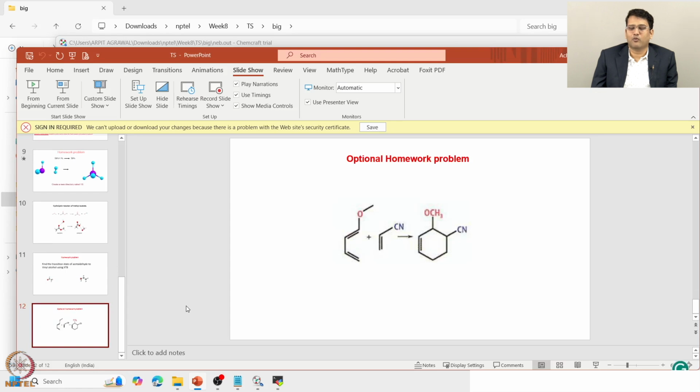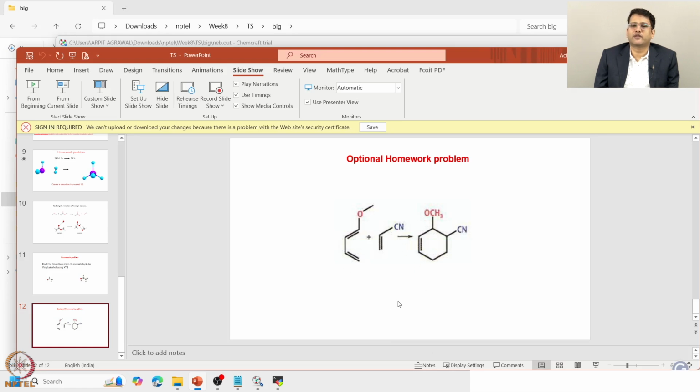And there will be a slightly difficult problem. This is an optional homework problem where you see a Diels-Alder reaction like this, and we will do it both using XTB and, if possible, using some DFT method, maybe BP86, because here the molecular orbital orientation gives you a lot of information about the reaction, and you can see how the transition state will look, what kind of alignment it should have.